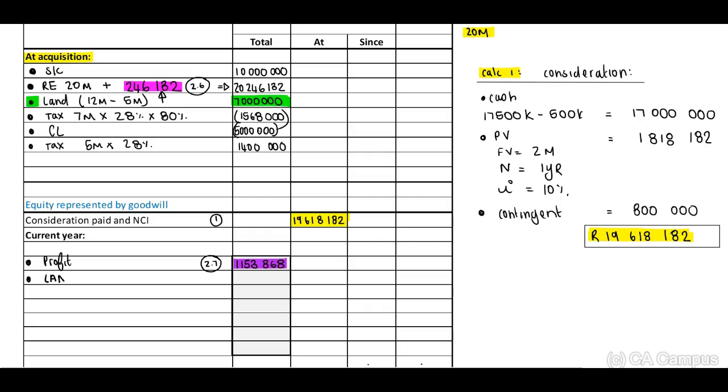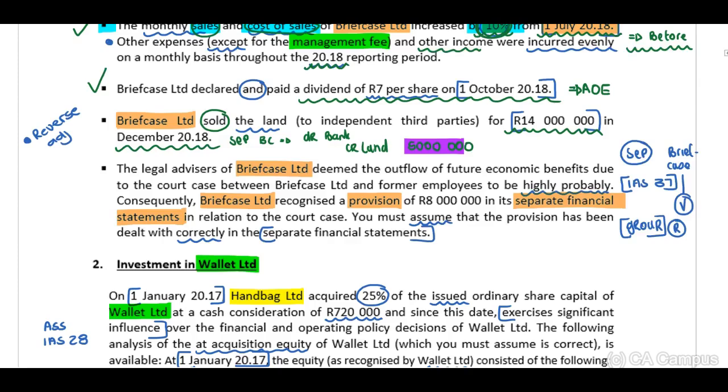Therefore, in our current year, land that we need to take out, guys, brackets, 7 million. Therefore, we need to take out our tax portion relating to this as well, guys. I'm going to highlight this green for my marker to be able to follow. If you want to, you can make use of a different referencing system, and this will be 1568000. Now let's refer back to our given information, and we can now tick off this bullet point.